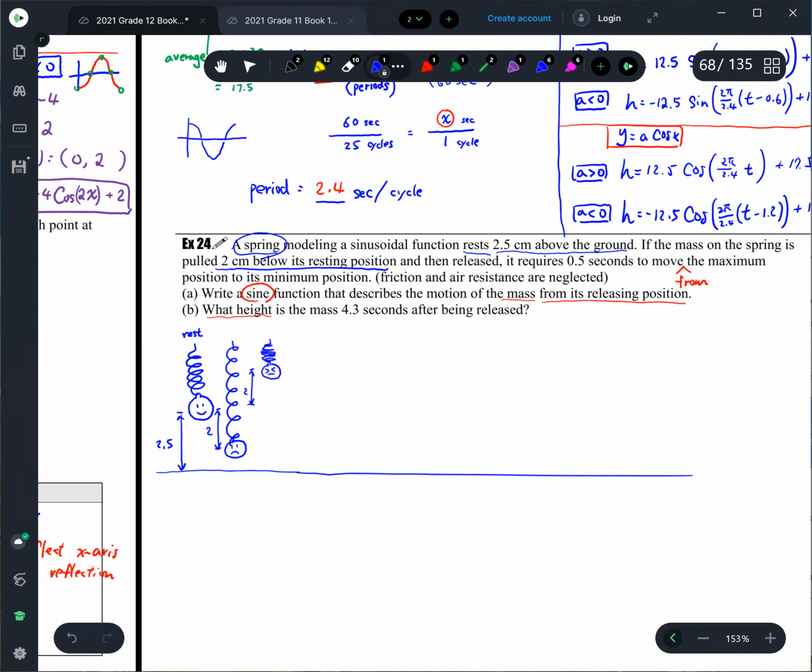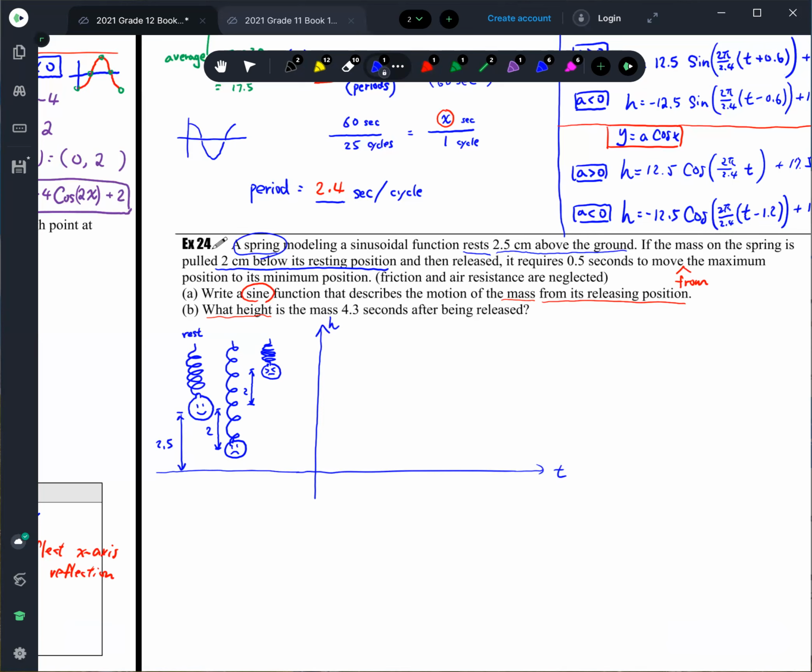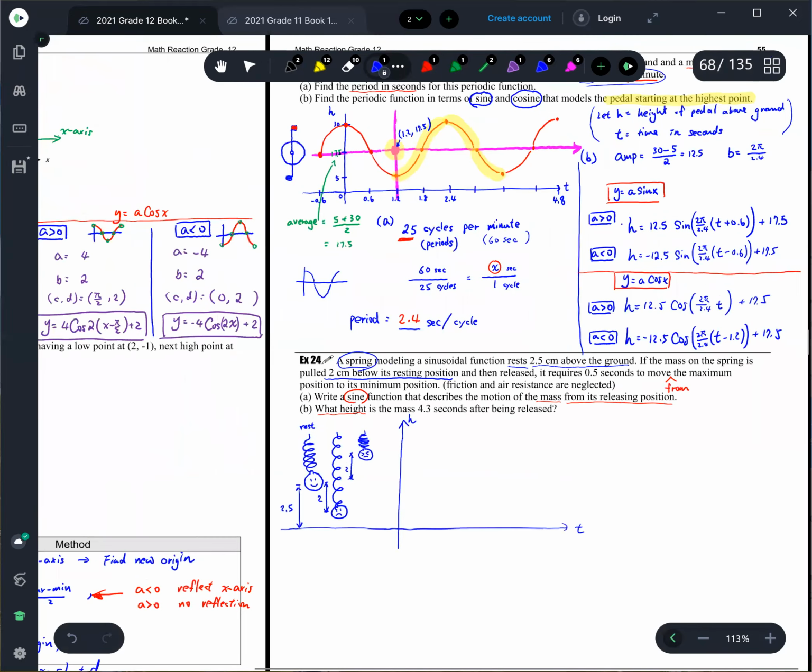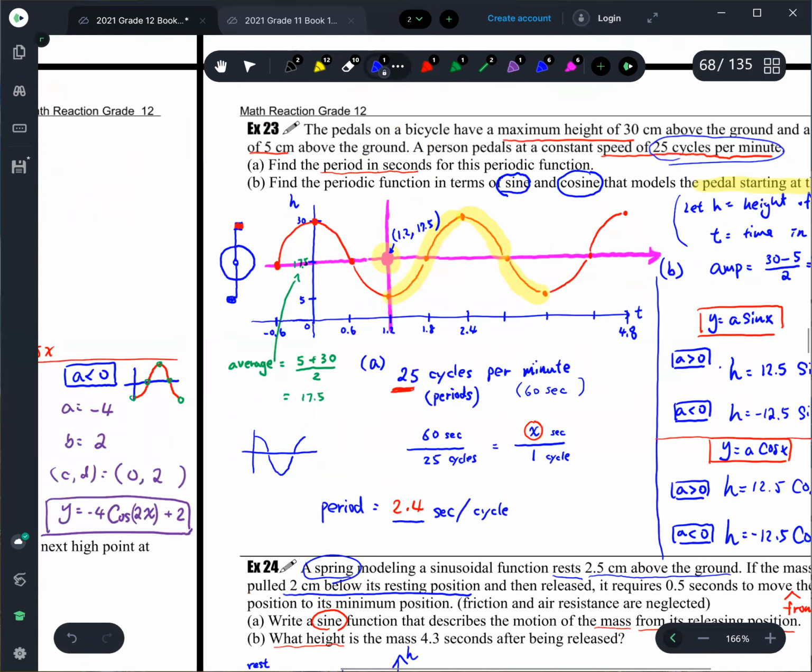So we can draw the axis like that. So the horizontal is the T, like before, the time, right? And H is the height above the ground. All right, so you will need to have 4 numbers, right? 4 important numbers.